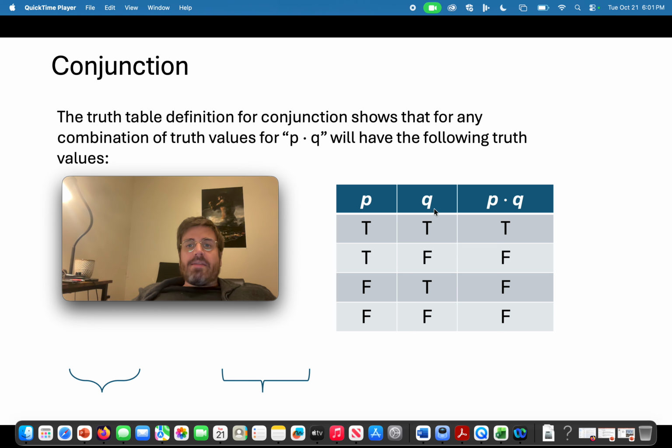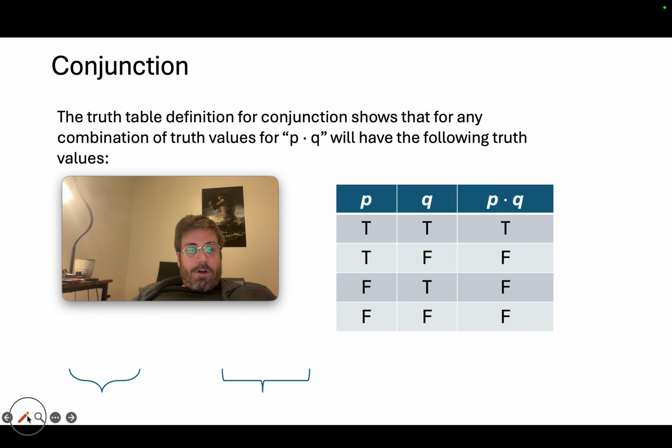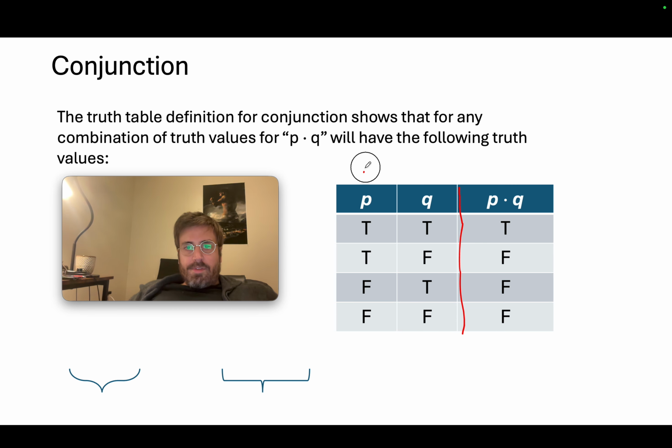So for P and Q, we have two variables, so we need twice as many rows on our truth table to account for all the possible combinations of true and false that could occur for two variables. So the way we arrange this is, on the left, these are called the reference columns.